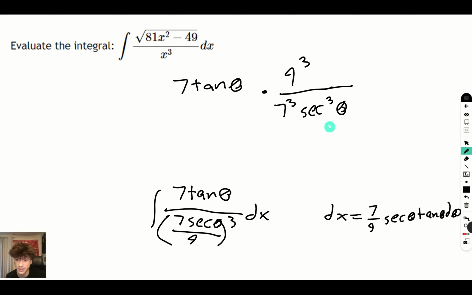Alright, now from here we're going to bring in our dx as well. So we'll get times 7/9 secant theta tan theta d theta.